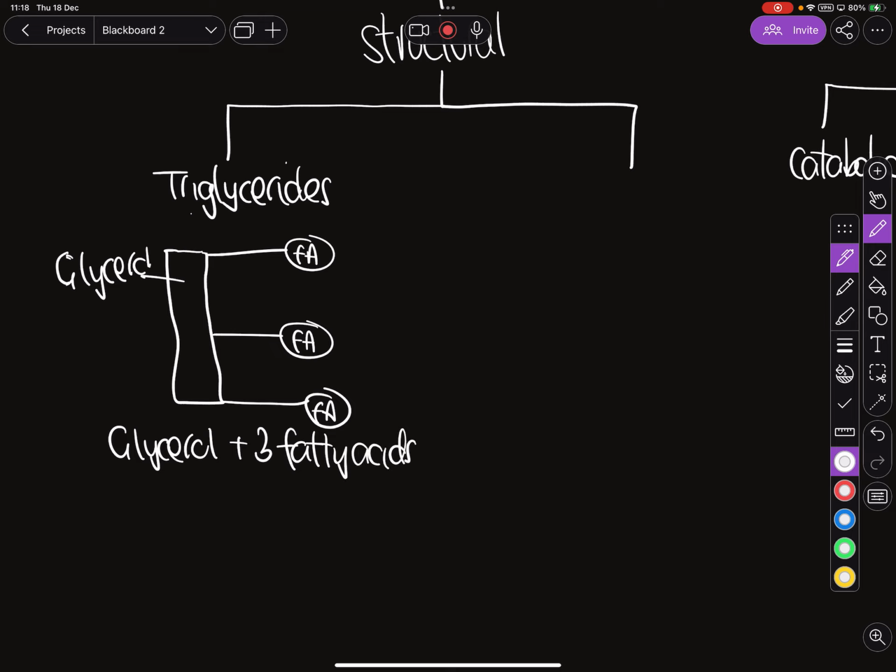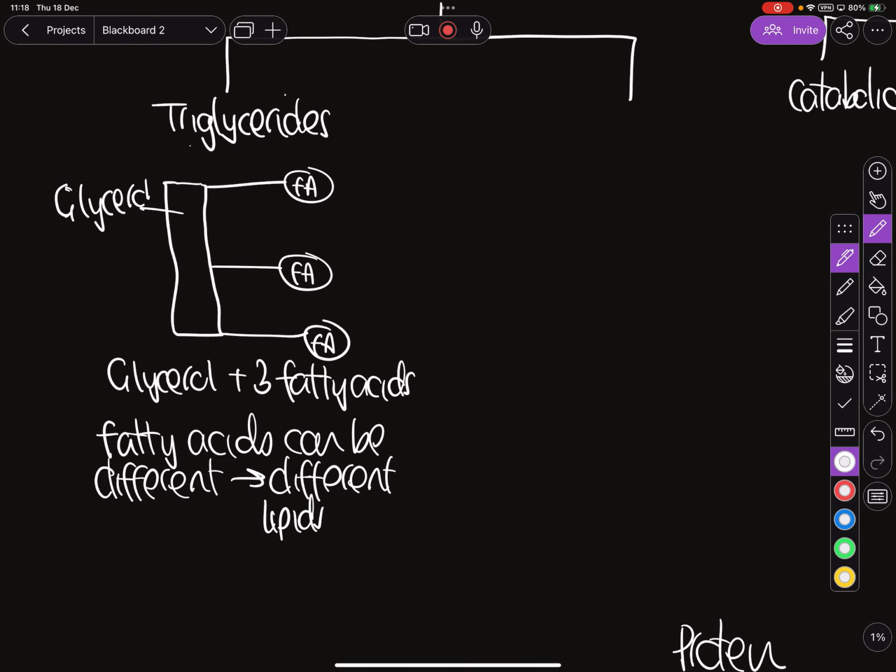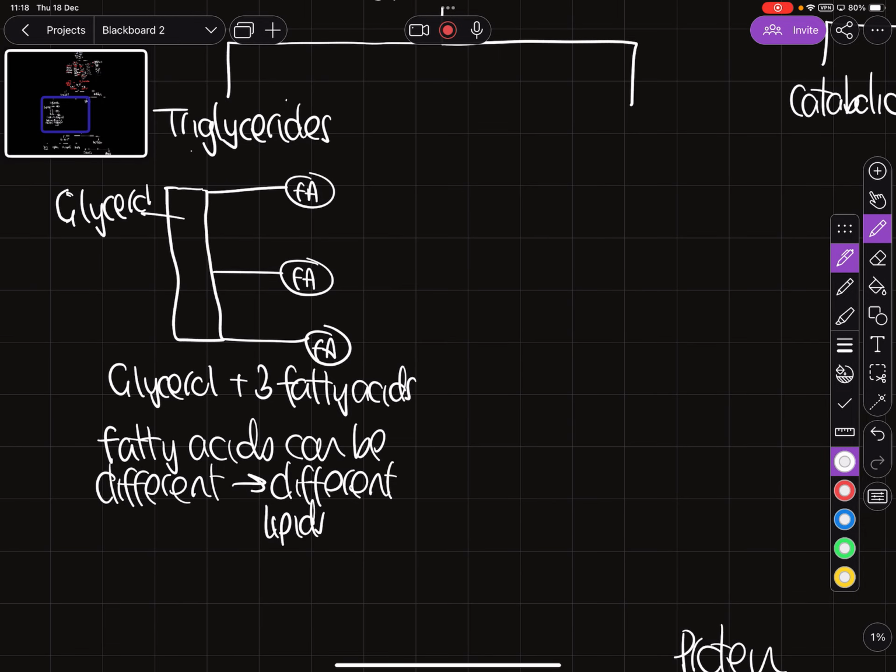And depending on your triglyceride, you will have different fatty acids. So fatty acids can be different, and now we have different types of lipids. So for example, milk fat has butyric acid. In meat, it would be linoleic acid or oleic acid, or, it's not going to come to me now, but we have different types of acids in there.